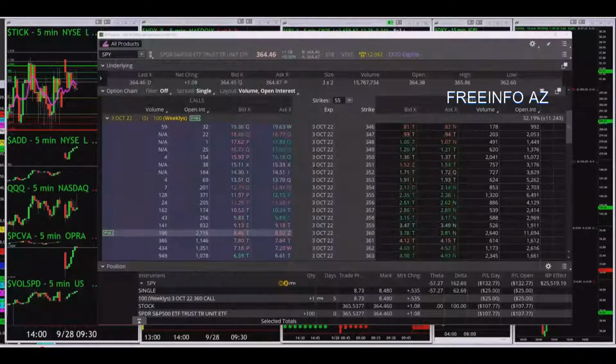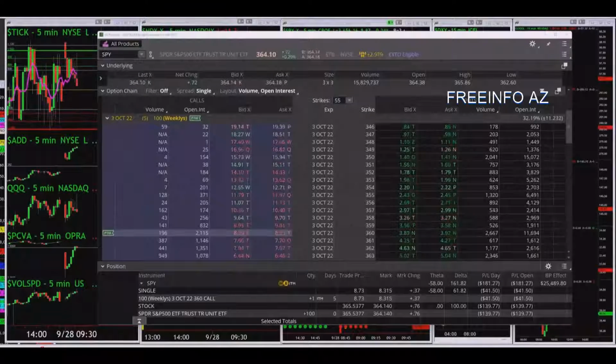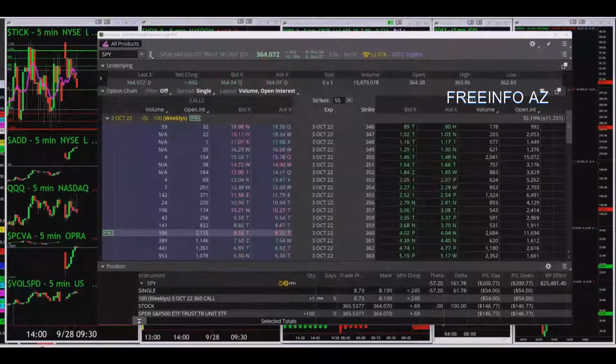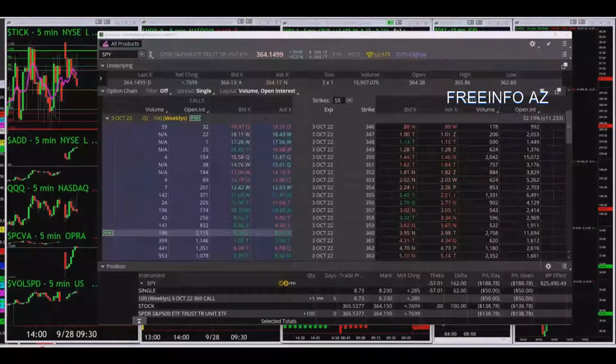If you can't trade options, you can just buy SPY ETF. And if you are going to buy calls, make sure you go a few days out.